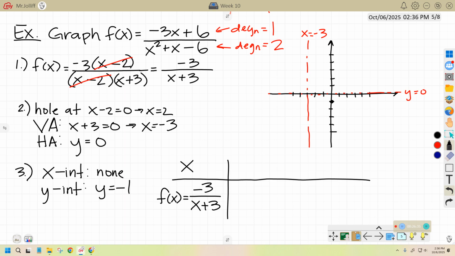So I need a couple of numbers smaller than -3. My instinct is -6, -5, -4.